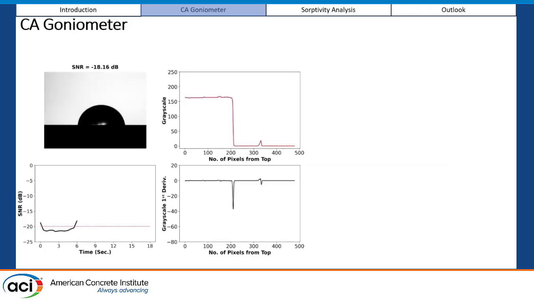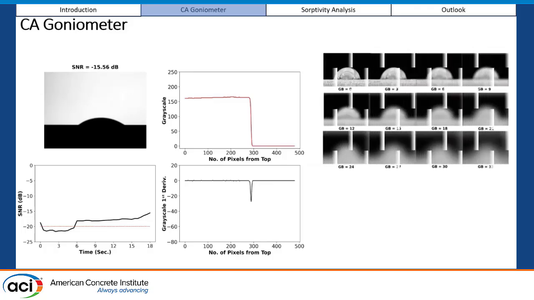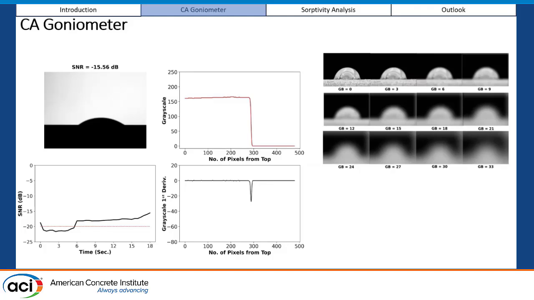If I measure the signal to noise ratio, the SNR decreases from 40 decibels to negative 20 to negative 15 decibels, which means the boundaries become unfocused. So I artificially blurred my image in Python using a Gaussian blurring filter.